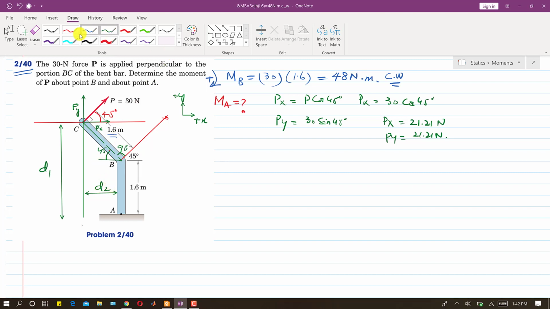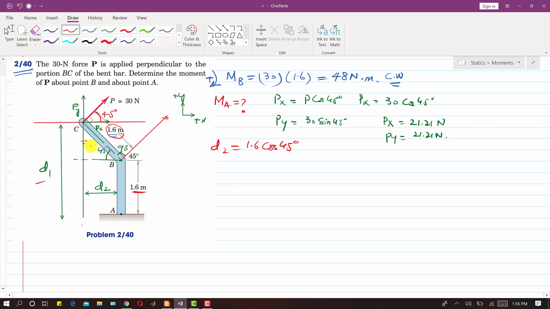So now if we see here, this d2 is equal to this distance. This distance d2 is the cos component of this BC arm, right? The length of this BC arm is 1.6 and this angle is 45. So d2 is 1.6 cos of 45 degrees, right? So this will be d2. Now to find this d1 distance, let's suppose I extend this line. So how much is this distance?